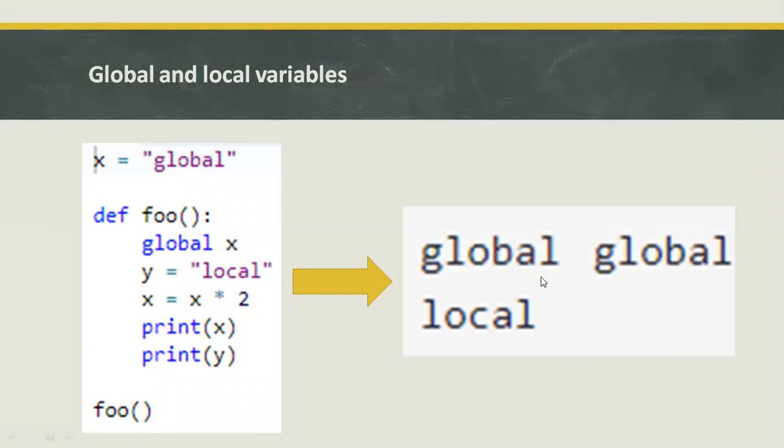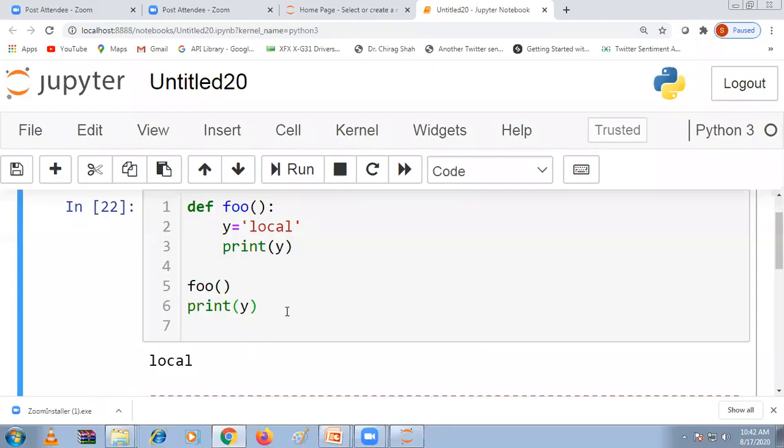In Python, you can actually work on a string. That's why if you multiply this, even though it is a string, you will get the output global global after multiplication. Then print y, that is local. So in this program, you can properly understand this concept.